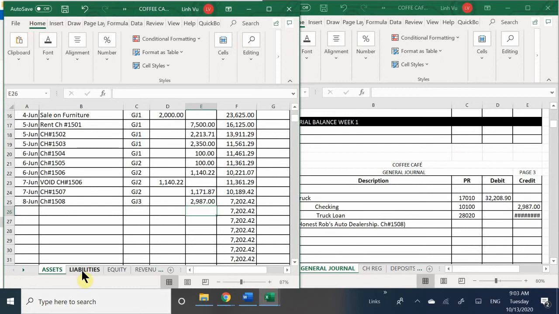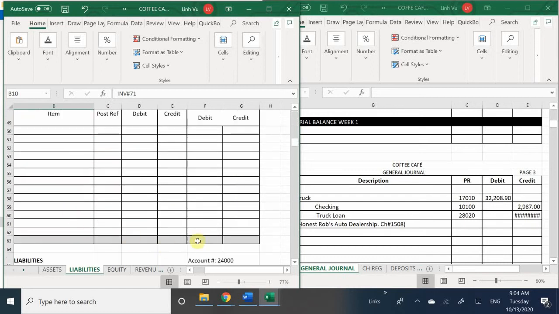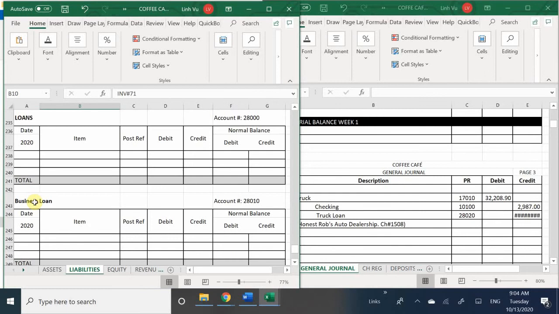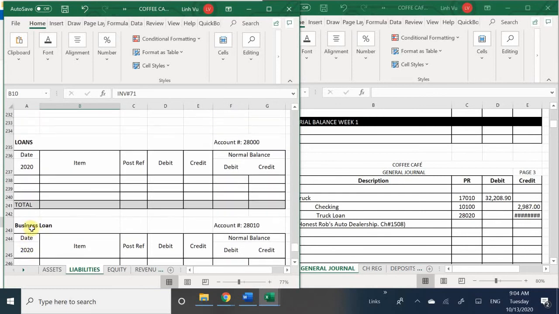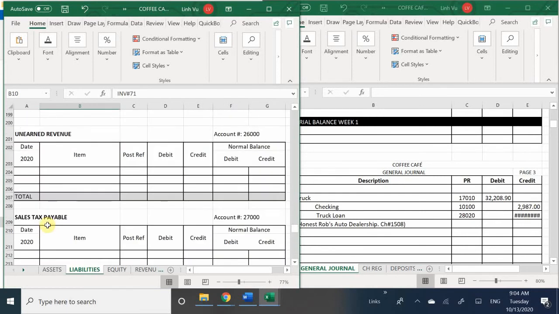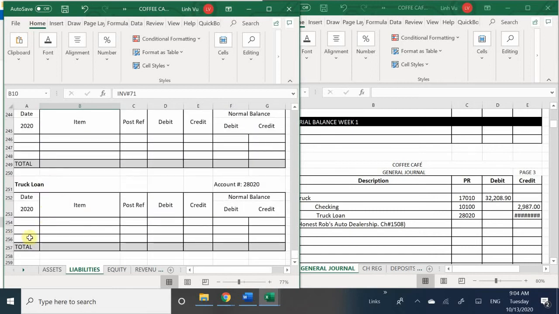Then we have a loan. So here we're going to finally dive into our liabilities and scroll all the way down till we find our truck loan. It should be the very last thing on your workbook, the very last table.